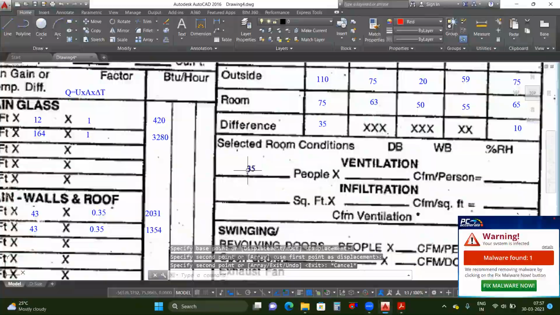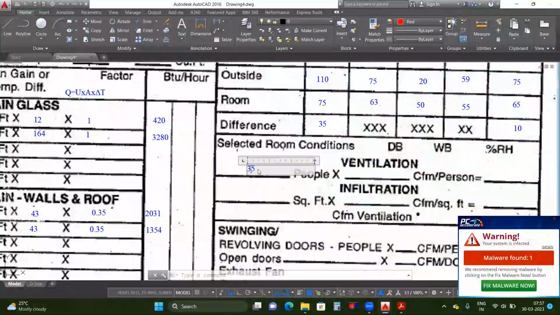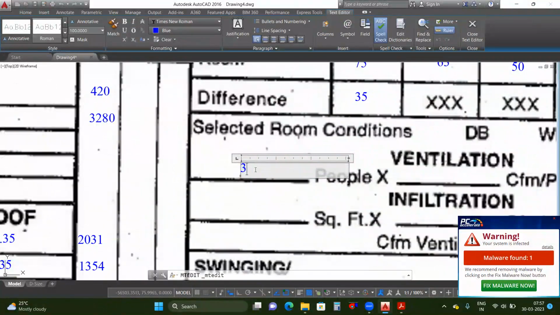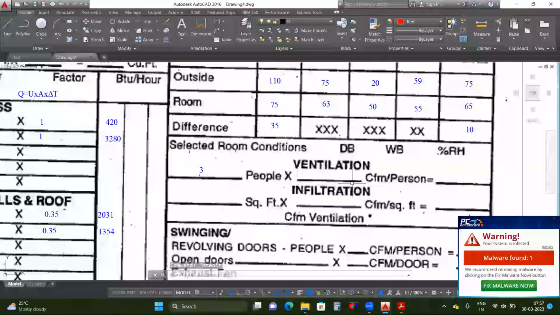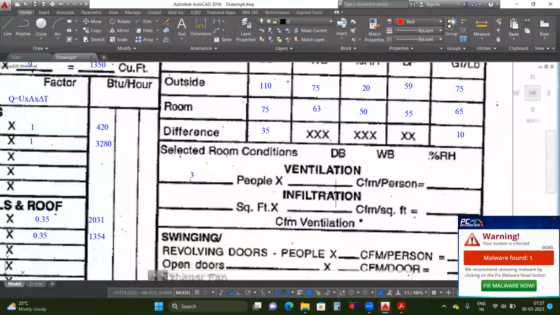The office space is very small, 150 square feet, so I am considering that it will be used by 3 members. In real time, if the client gives the data, we can take that, otherwise we need to assume some value.